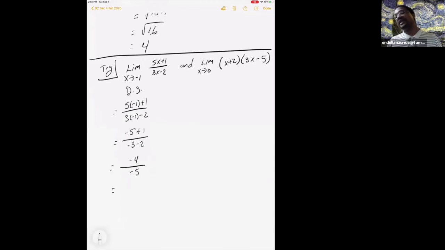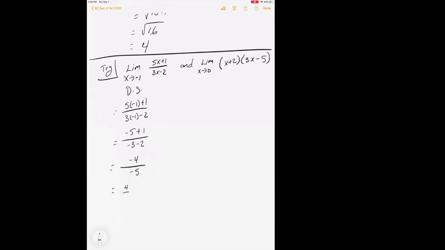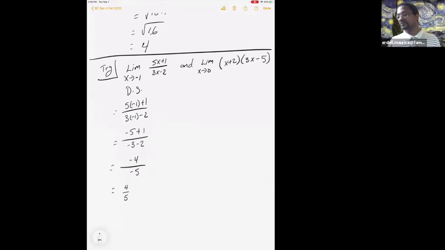And like I was saying, a negative number divided by a negative number is? Positive. Thank you. Again, did that clear it up for you? Anybody have a question there?